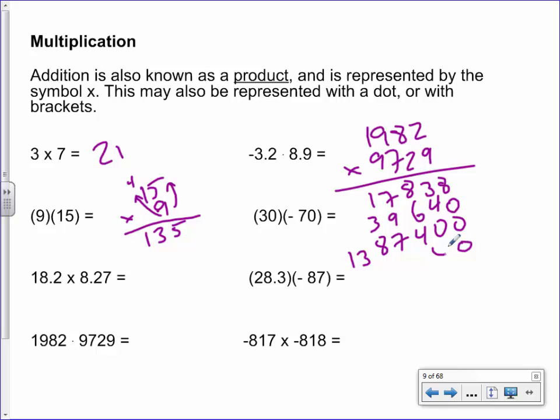Last one. So we need 3 zeros now. 9 times 2 makes 18. 9 times 8. Okay, we got some work to do. 72. Plus 1 is 73.